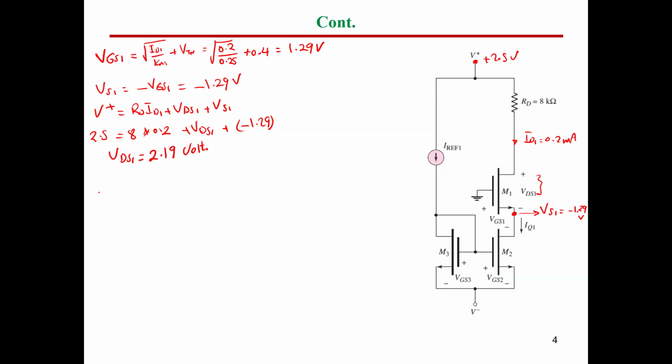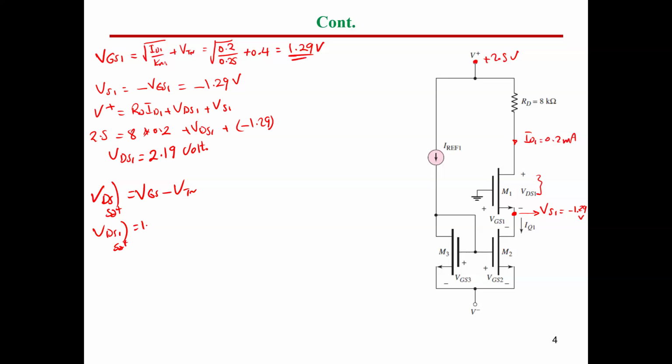You know that the transition point VDS saturation for any MOSFET equals VGS minus threshold volt. So apply that to MOSFET number 1. VDS1 saturation equals VGS1, which is calculated before, 1.29 here.